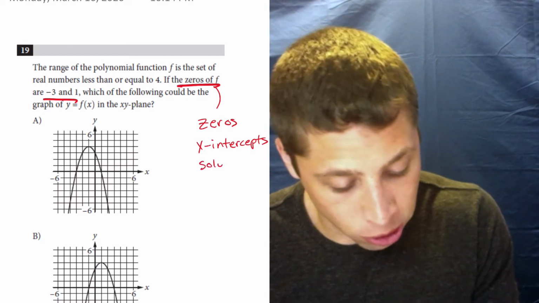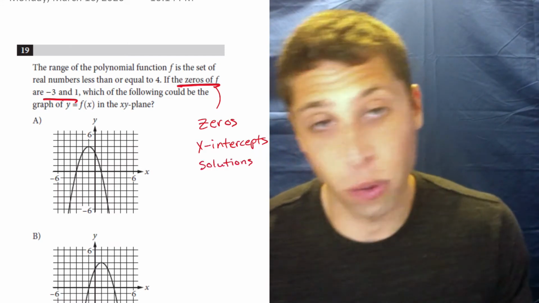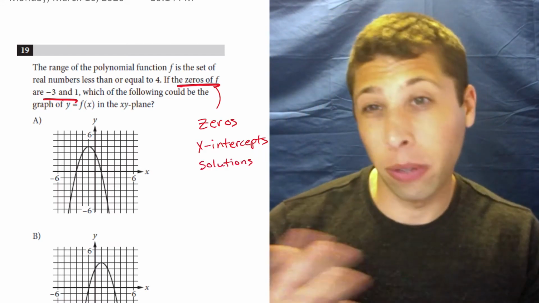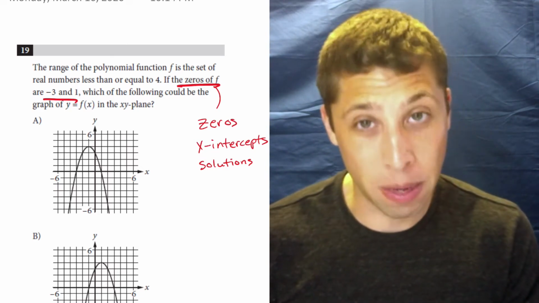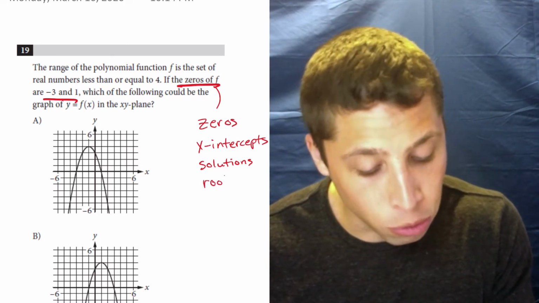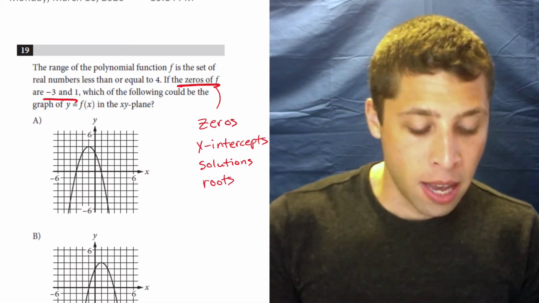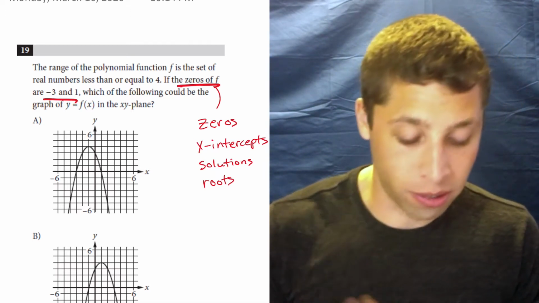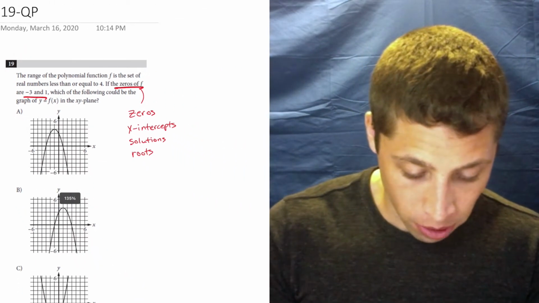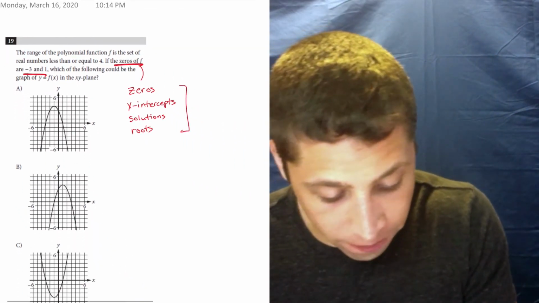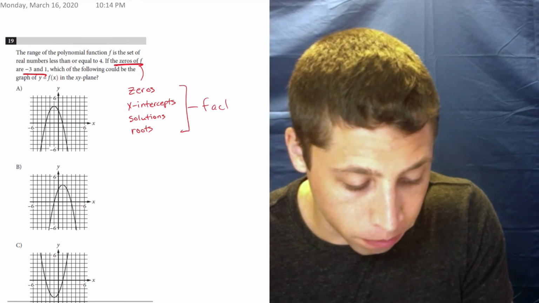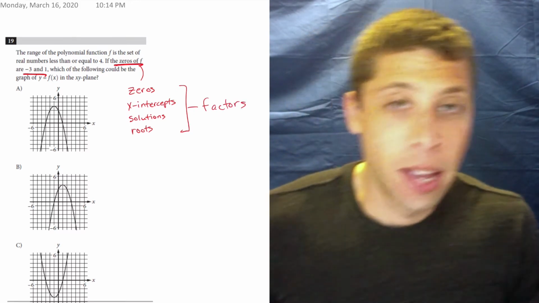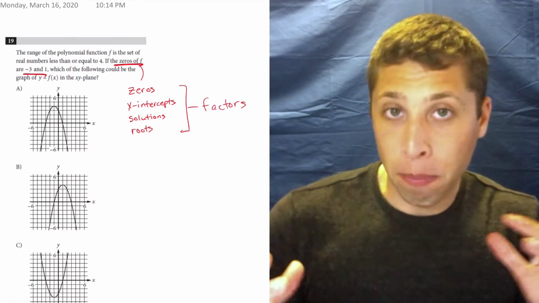So solutions is sometimes how we talk about it because it's where the equation equals 0, so sometimes that's what we mean by solutions. They're also called the roots a lot of the time. There's another word that is associated with these words that is not quite the same, and that is the word factor. Factors. And this is where people maybe make mistakes here.